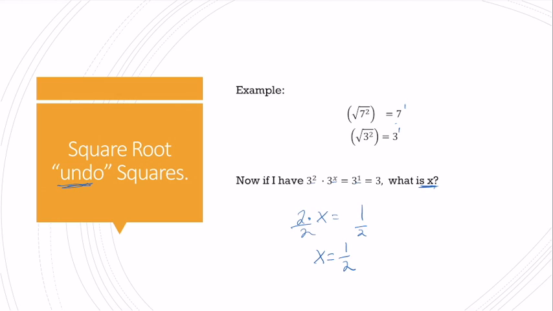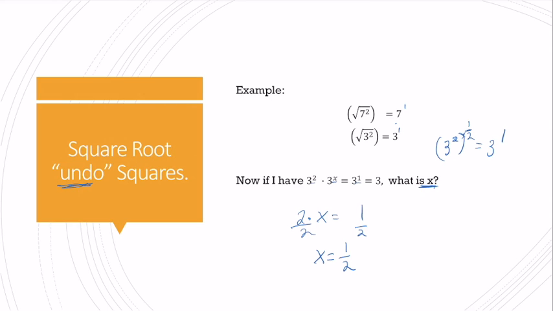Okay, so if I'm taking the square root, that's the same as raising it to the exponent of 1/2, right? If I had 3 squared to the 1/2, when I have an exponent raised to another exponent, I have to multiply these two numbers. So I'm left with 3 to the first.